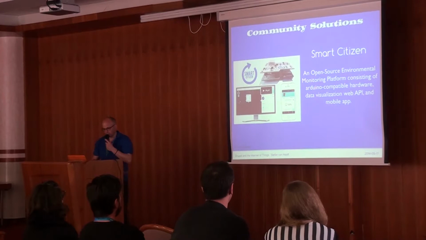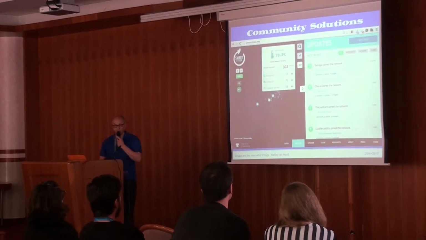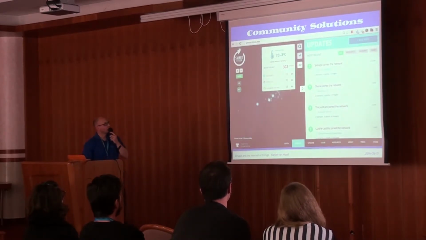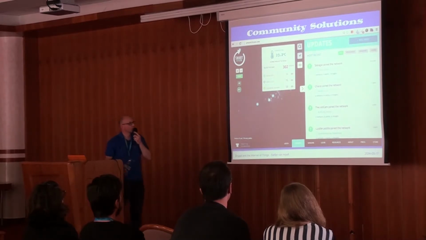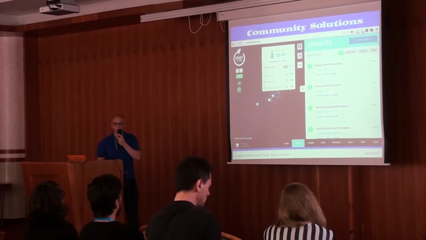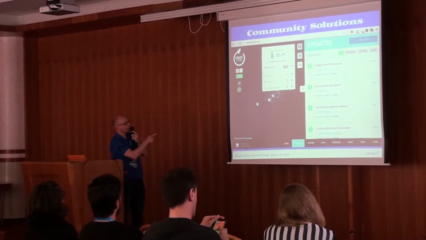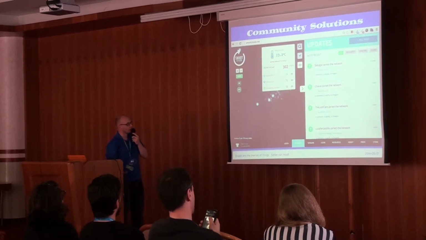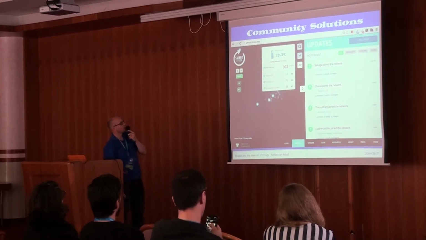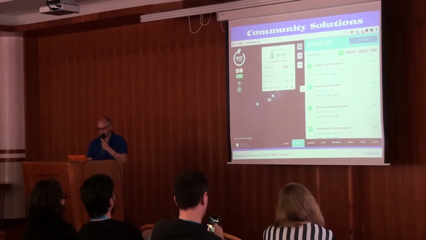And it visualizes it via the web API, and this is what you see. So people from all over the world can install one of those devices, start monitoring, and it all feeds back to a website. I'm not quite sure if this website itself is running Drupal. I think it would be nice if it did. But this is another example of a community solution.